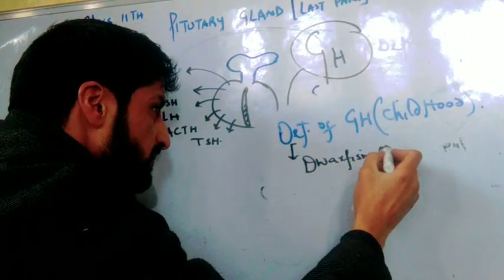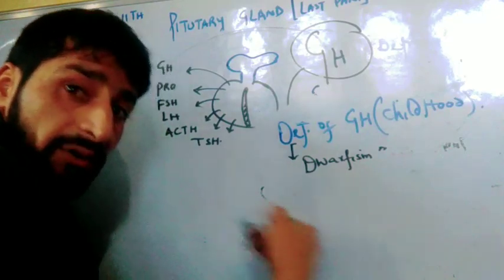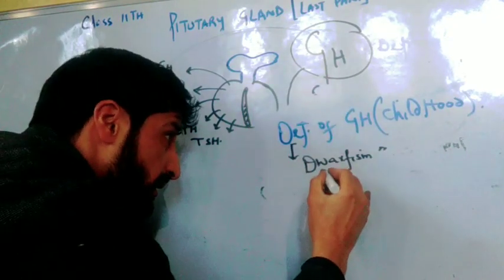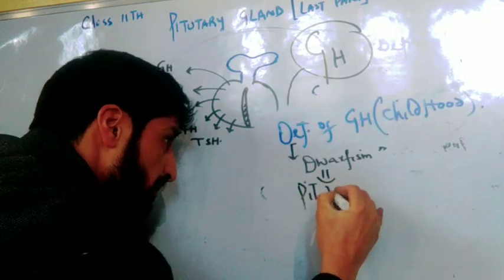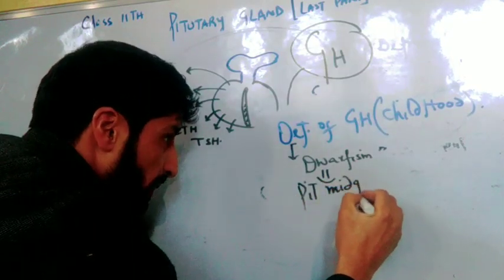When I say dwarfism due to deficiency of growth hormone, that is also known as pituitary midgets.